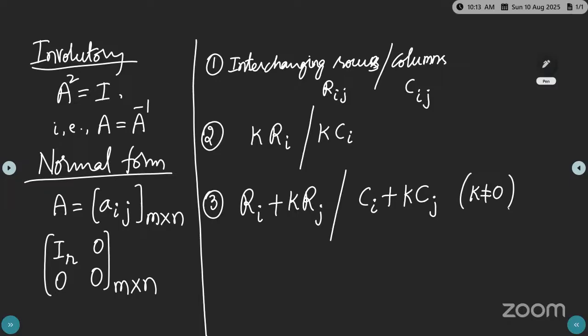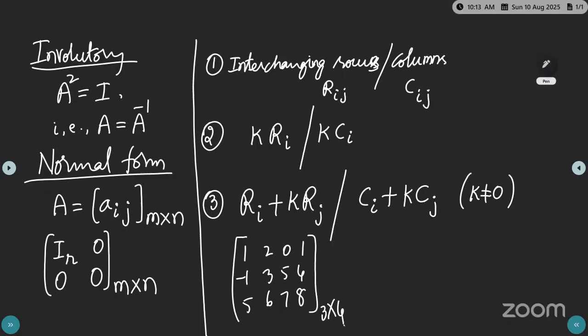Listen, for a matrix, I am giving you a simple one: 1, 2, 0, 1; minus 1, 3, 5, 4; and 5, 6, 7, 8. What is the order? 3 by 4. I don't want to mention all the things; I'll explain here, and later we do a problem. Listen carefully.